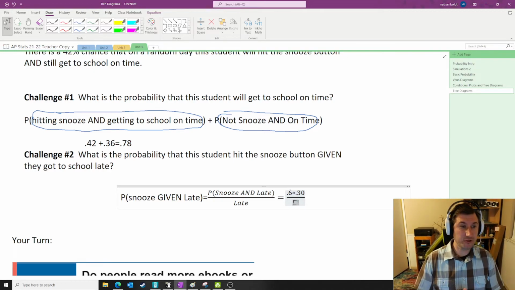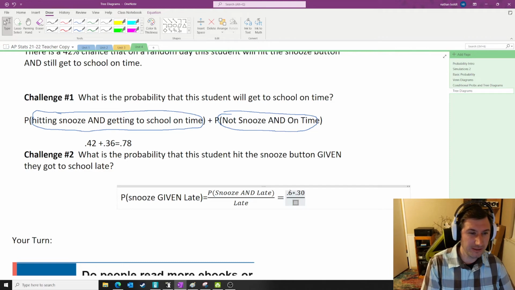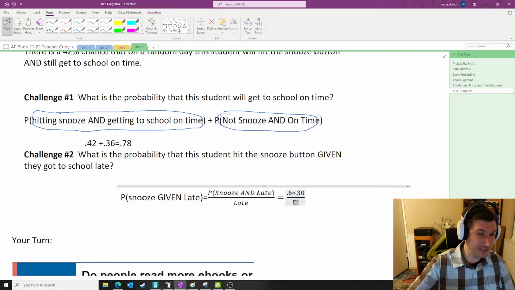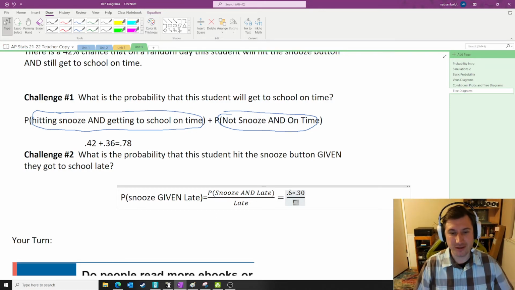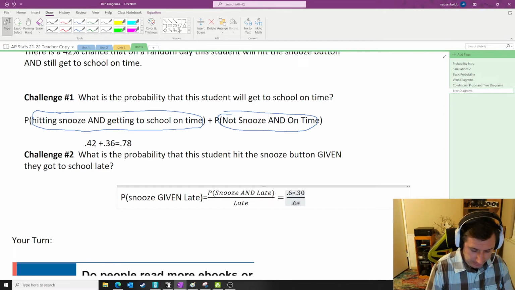All right, now this is just like challenge number 1, only for the late. And actually, it should just be the complement, right? If there's a 78% chance that they were on time, there better be a 22% chance that they're late, right? Those have to add up to 100. But let's pretend we don't know that. So how can they get to school late? Well, they could hit the snooze and be late. That is 0.6 times 0.30.